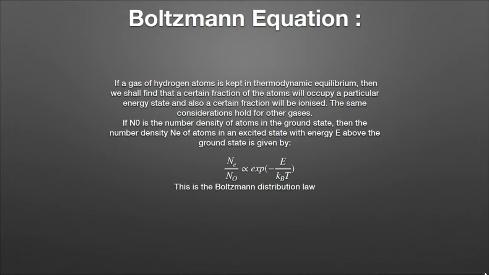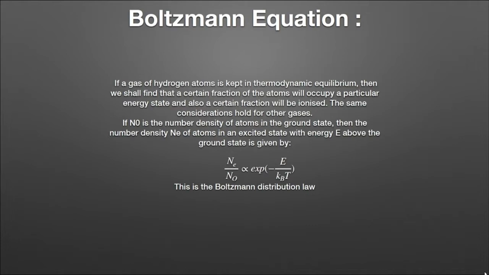As we have studied in modern physics, a hydrogen atom has several different energy levels. It is possible to break the hydrogen atom into a proton and an electron also. That process we call ionization. If hydrogen atoms are in a container in thermodynamic equilibrium, then we can find out the fraction of atoms that will get excited and that will remain in their ground state.